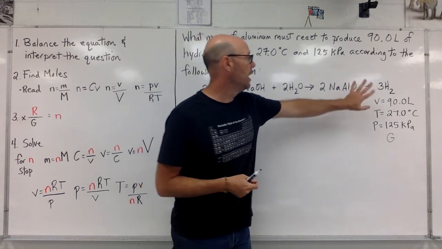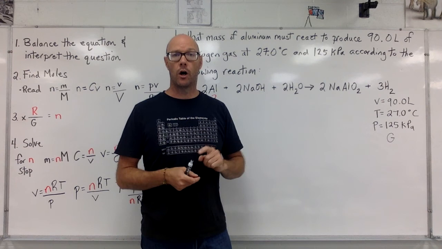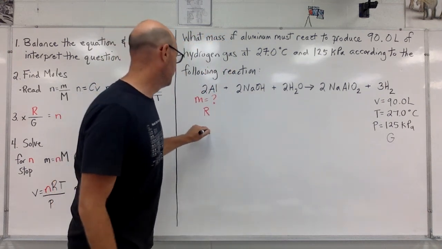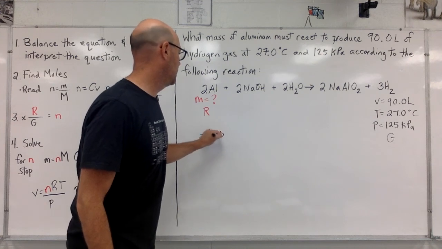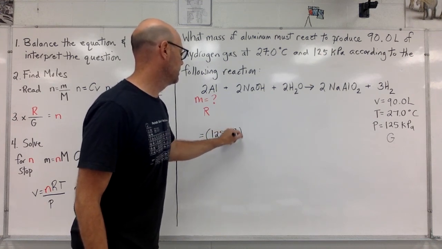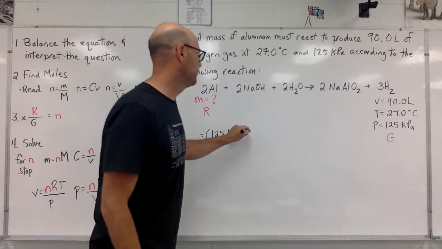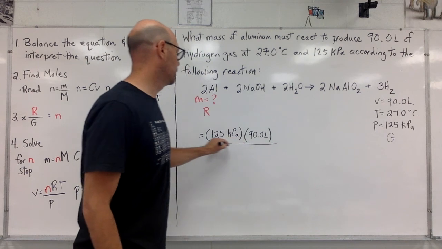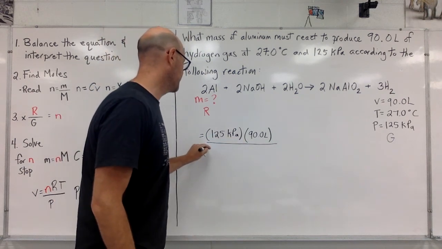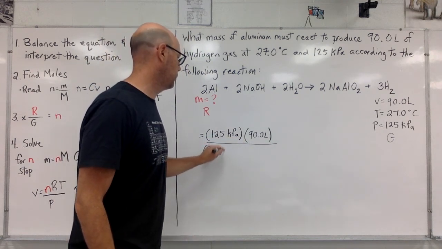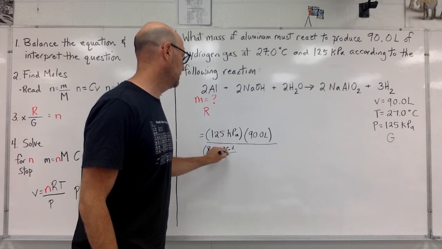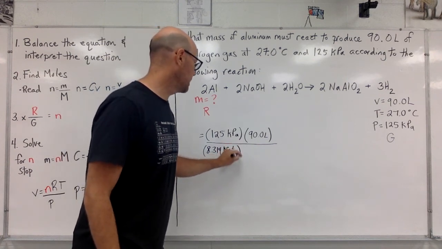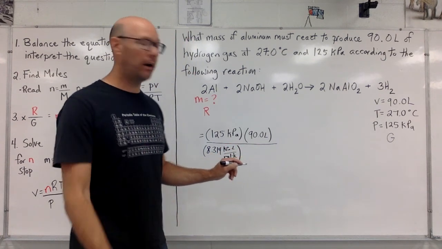So we're starting with P times V over RT, which is the pressure, 125 kilopascals, times V, 90.0 liters, over R, that's 8.314 kilopascal liters per mole Kelvin, times the temperature in Kelvin.